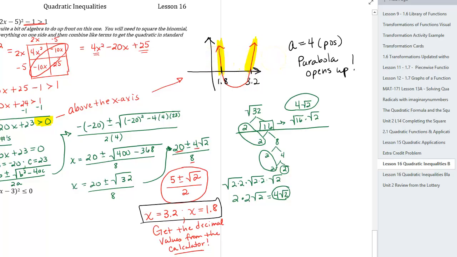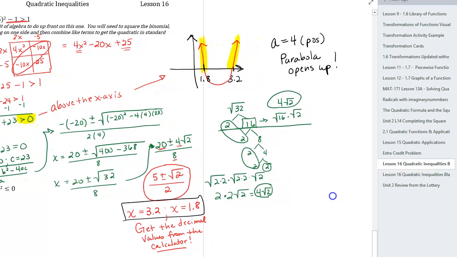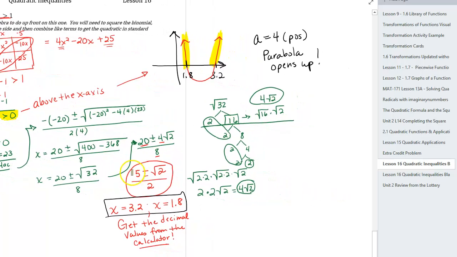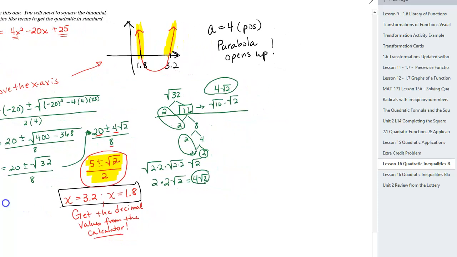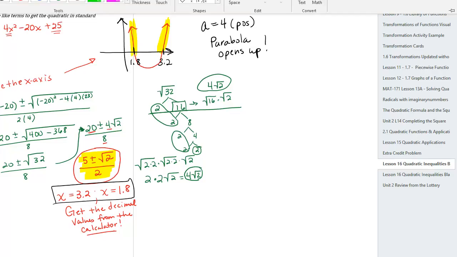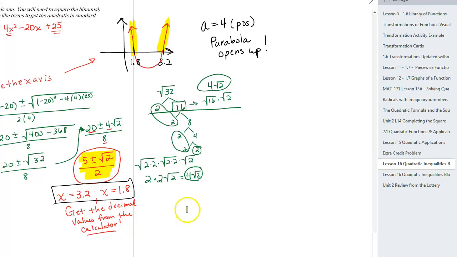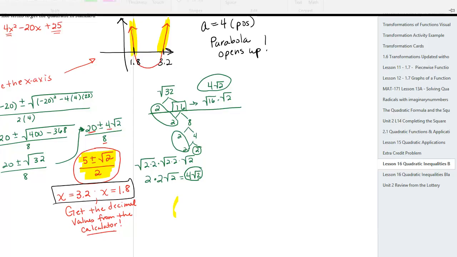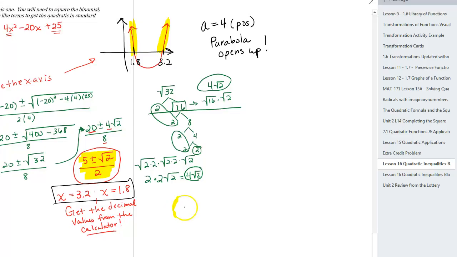And Alex I think is going to want you to give the exact boundary numbers. So we're going to use this in our interval notation. So the solution is going to be from negative infinity up to 1.8, which is the approximate decimal approximation for 5 minus the square root of 2 over 2.